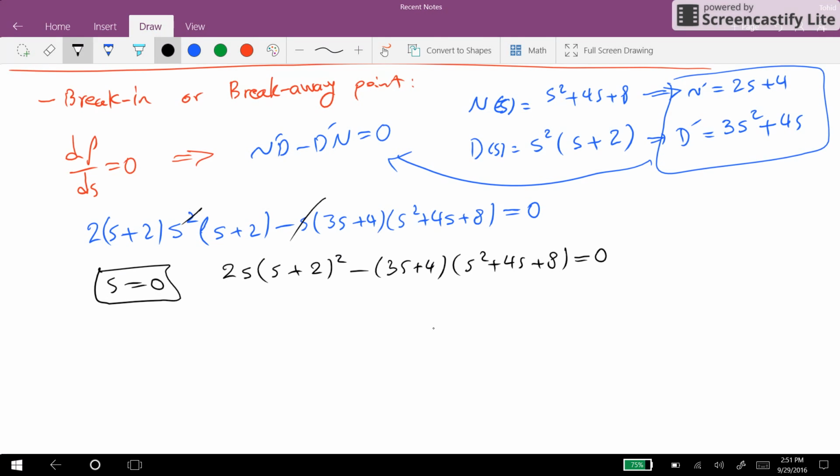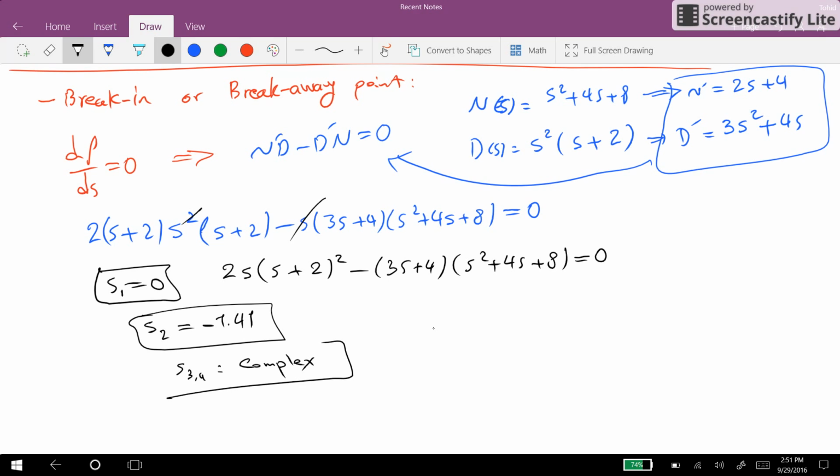But what you will get at the end, I call this S1, is a real root, which is around minus 1.41. And S3 and S4 will be some complex values, which are not acceptable for us as the break-in or breakaway points. So in general, we will have 2 points, S1 and S2, at the origin and at minus 1.41 as the break-in or breakaway points.